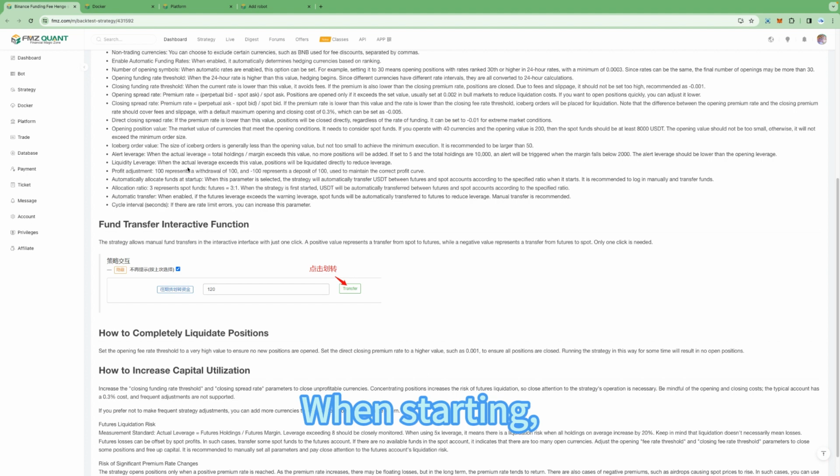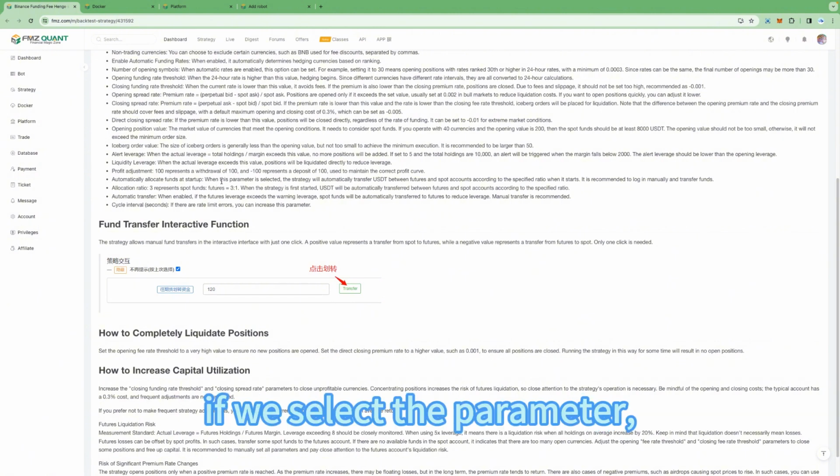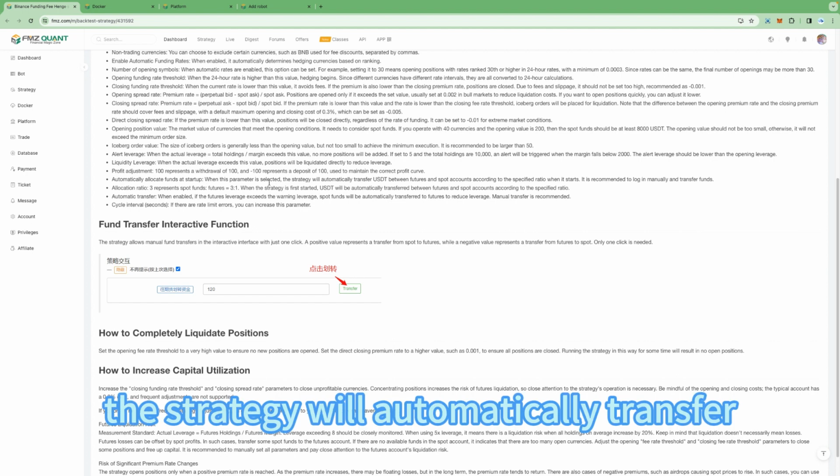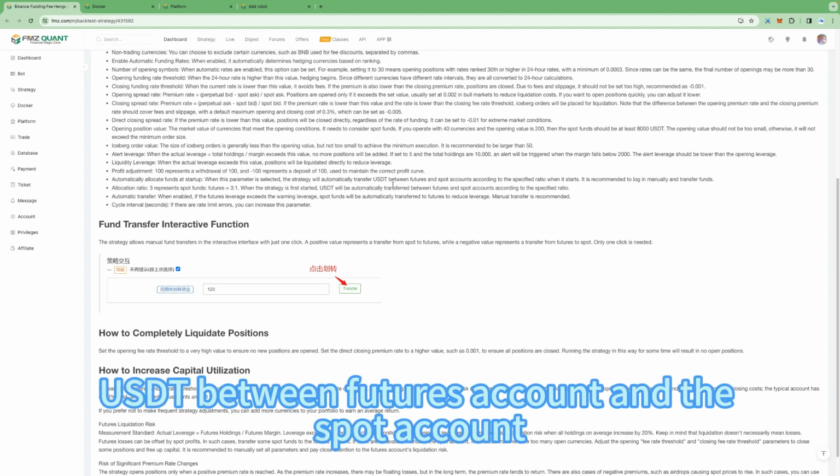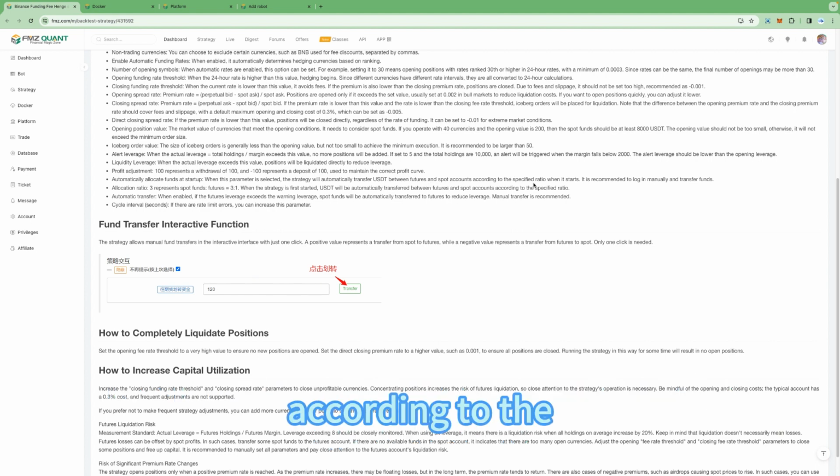When starting, funds can also be allocated automatically. If we select the parameter, the strategy will automatically transfer USDT between the futures account and the spot account according to the proportion we set.